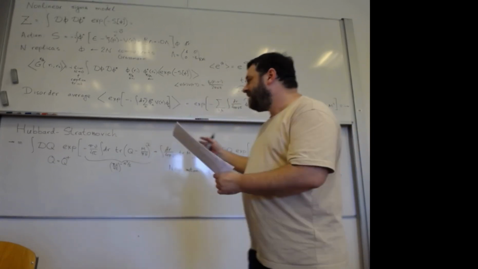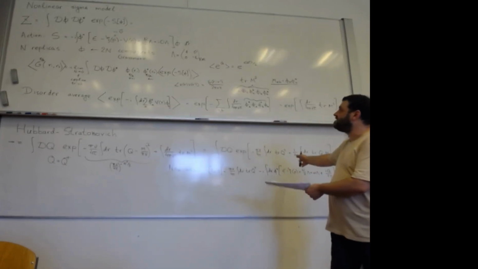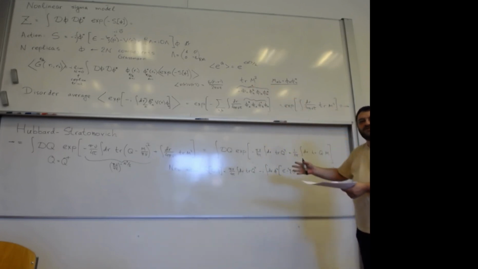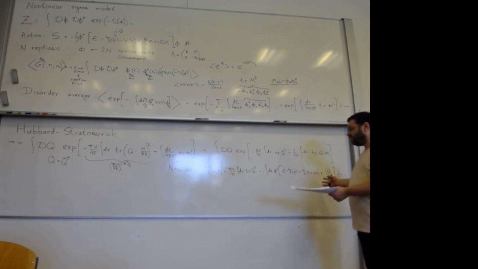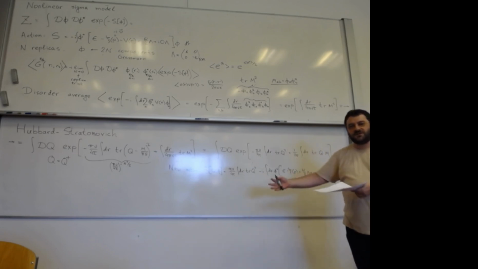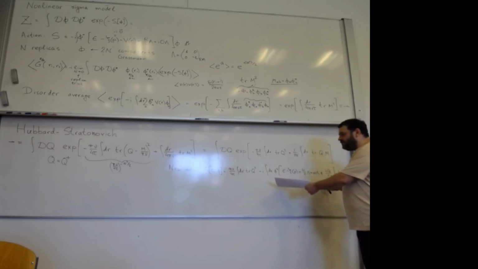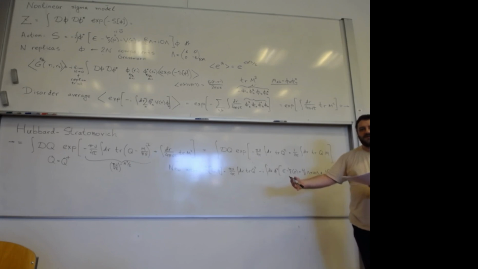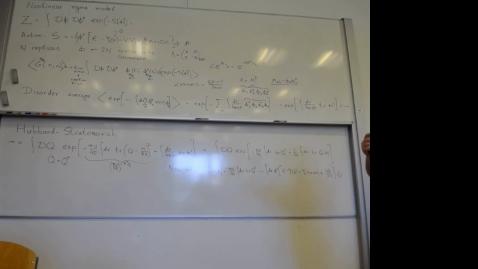I mean, you can argue with that. This is exactly equivalent to the original action. Absolutely. You can do whatever way you like, but it turns out that you cannot solve the problem exactly. You still need a small parameter, you still need some expansion. And we did this transformation because in these terms, the expansion is easier. Why can we do an expansion for Q that we can't do for M?